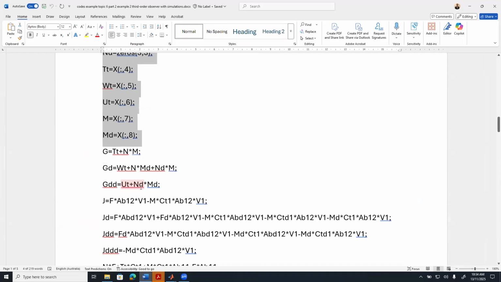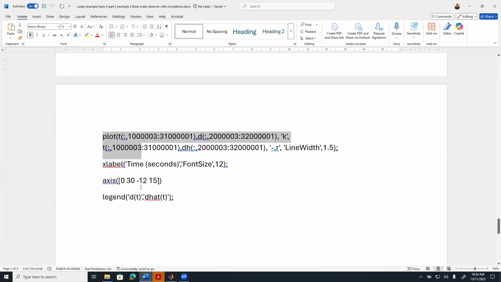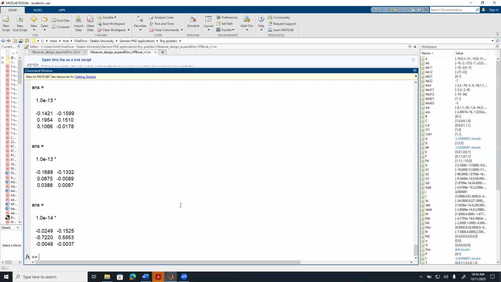I would like to cut and paste the code and put it into MATLAB, and we should get the figure as expected.